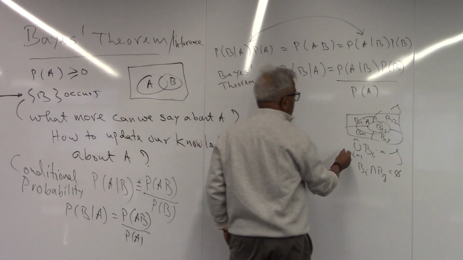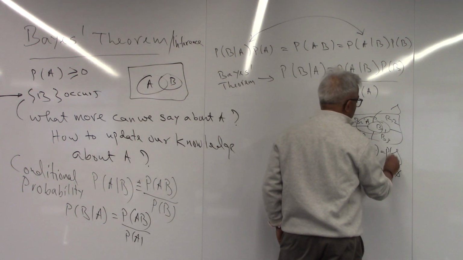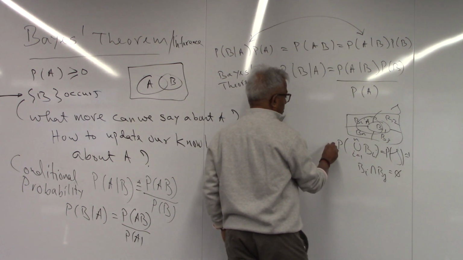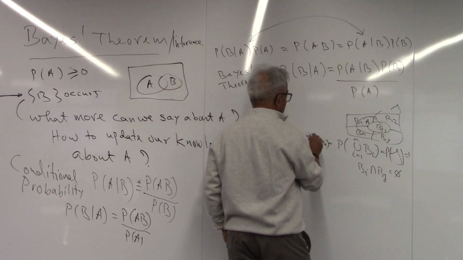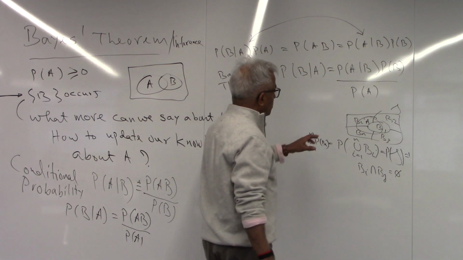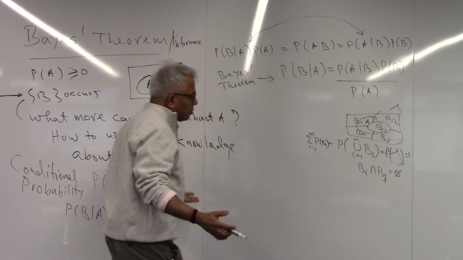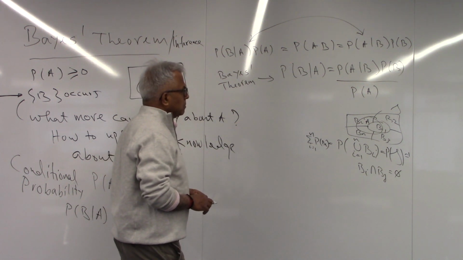The probability of the union is the same as the probability of S, which is 1. But these are mutually exclusive, so the sum of the P(Bi)'s is 1. That's why it's called a partition, because if you add up all the probabilities of B, it comes out to be the whole set, 1.